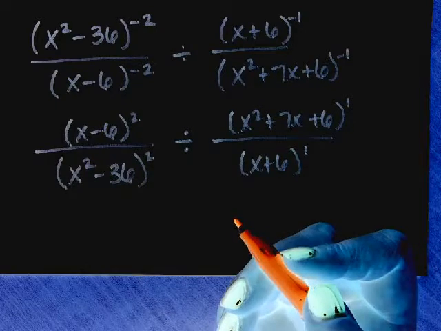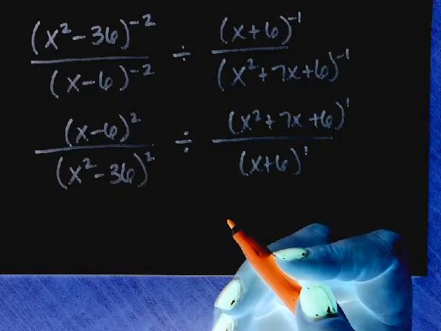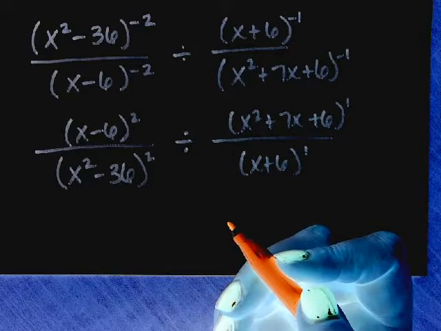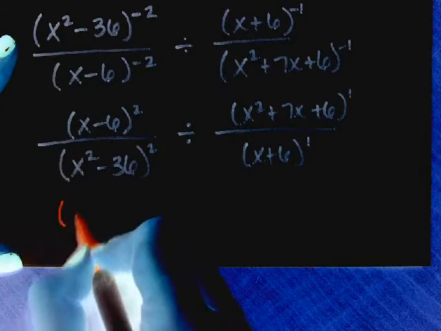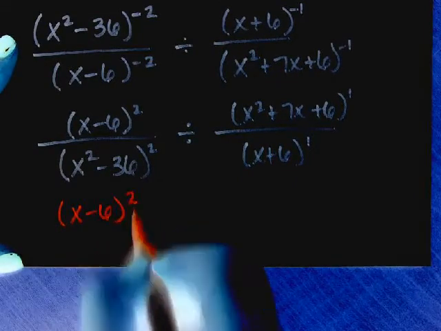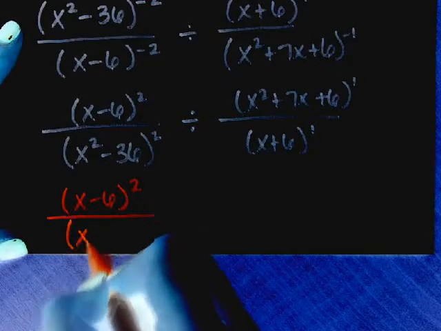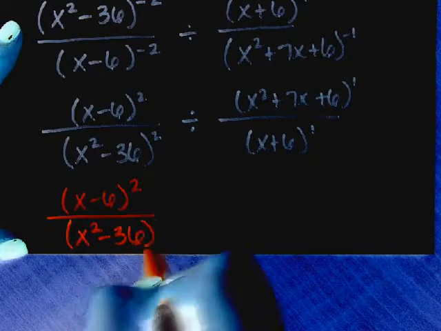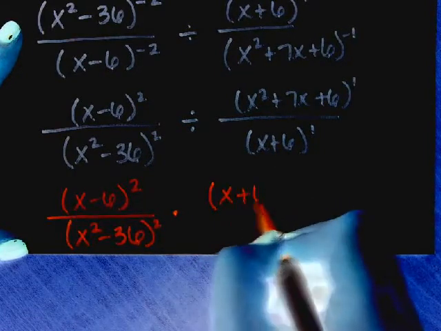So before we factor, we're going to do keep it, change it, flip it, so that as soon as we are done factoring, we can cancel. Okay. So x minus 6 squared, x squared minus 36 squared, that's going to stay the same, and then multiply, and then I'm flipping the second one.